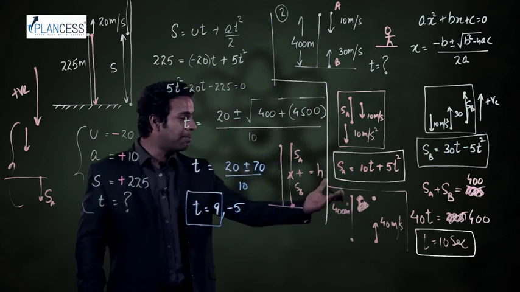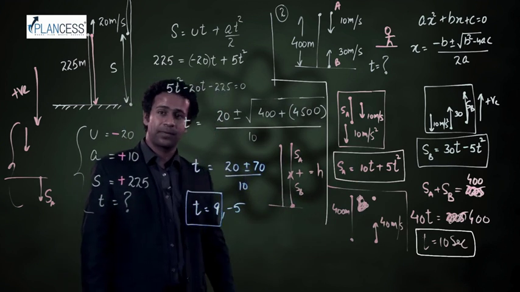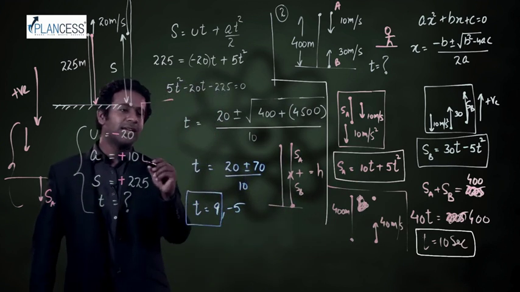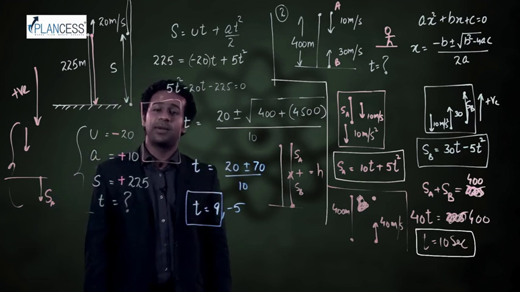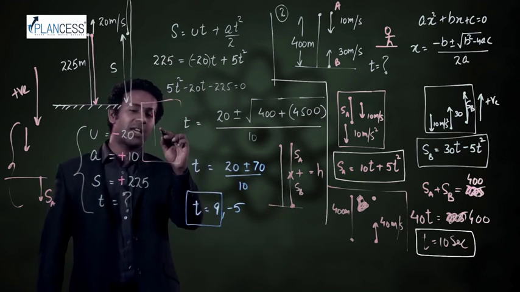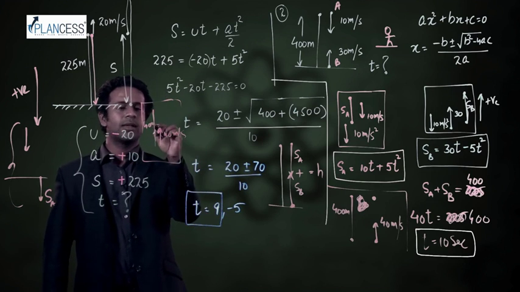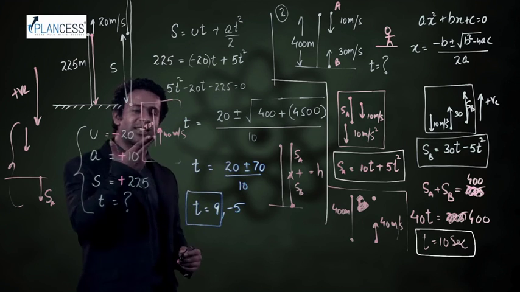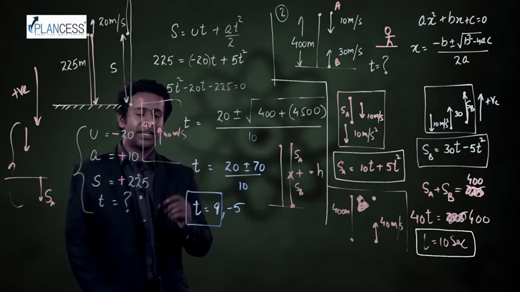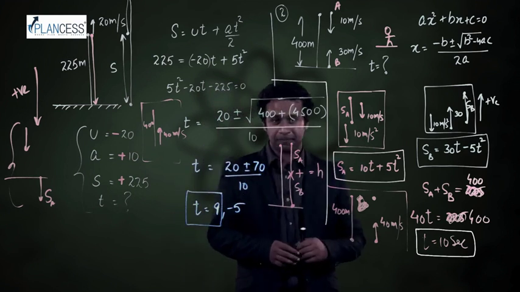You have a simple distance and a constant speed with which B is moving. So as per A, this problem is very simple. There is a distance of 400 meters between them and B is coming towards him at 40 meters per second. So he simply says that distance divided by speed gives me the time, and hence 400 by 40 is 10 seconds. Right.